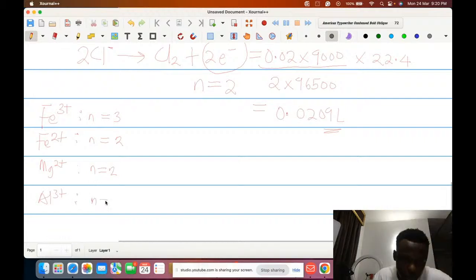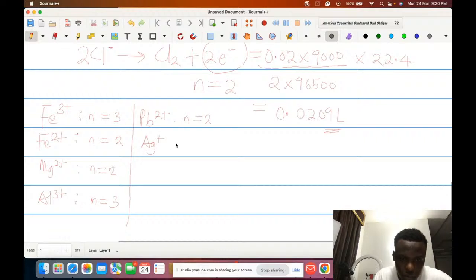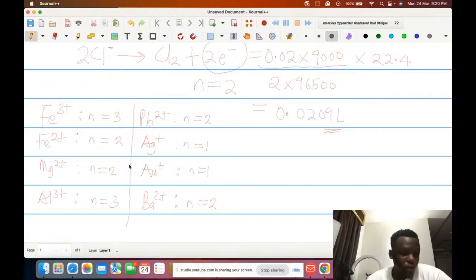Aluminium, N here is 3. Lead, N here is 2. Silver, N here is 1. Gold, N here is 1. Barium, and so on and so forth. So please take note of all of this just in case of exams.